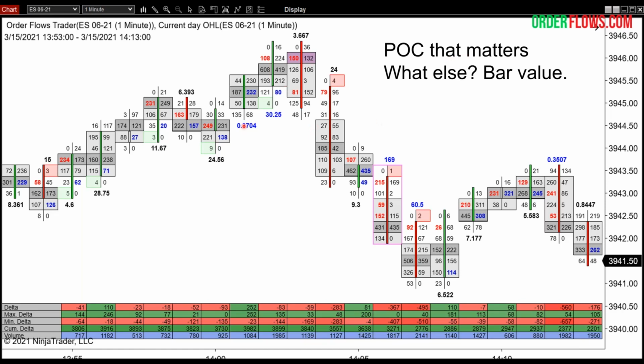And when you start looking at the value as well as points of control and other things that I'll get to a little bit later, you really start to break down the market and understand what's happening. So here's a market that had been going up. The darker gray is the point of control, but this bigger gray area is the value. So you have a value area high and a value area low, and obviously the point of control of the bar.